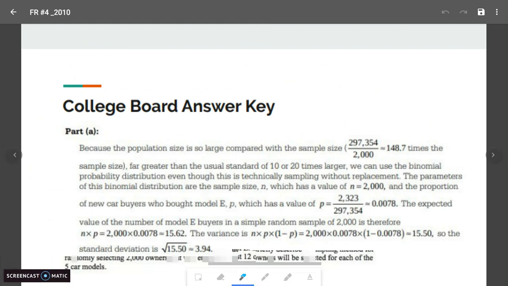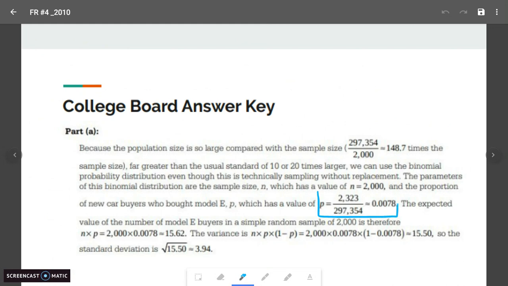Right off the bat, we can find p by taking the total of E and dividing it by the total of all cars. Remember, the expected value is n times p, the sample size times that probability. So we first calculate the probability, then multiply by 2,000. We should have gotten 15.62.